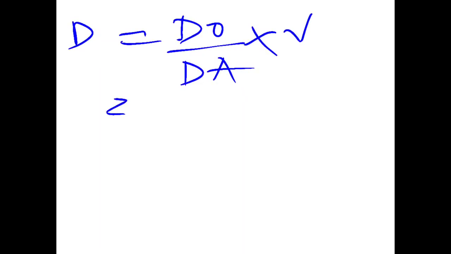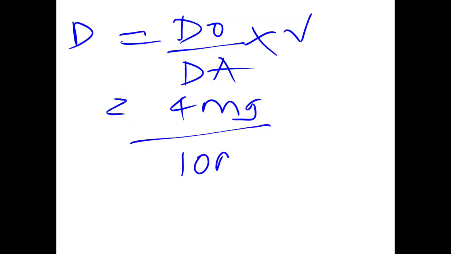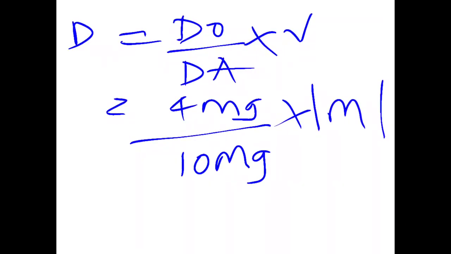The doctor's order is 4 milligrams. The presentation of this morphine is 10 milligrams, which is the drug available. And the question said it is 10 milligrams per mil, meaning our volume becomes 1 mil.